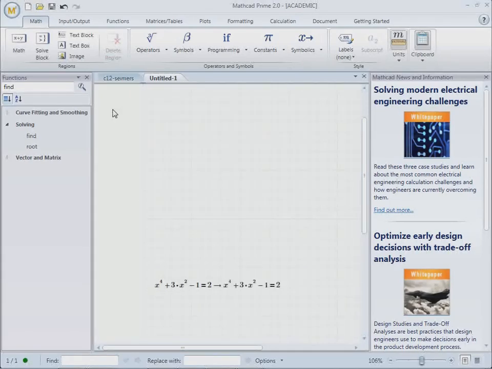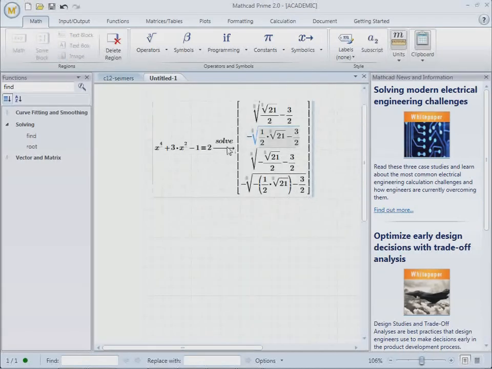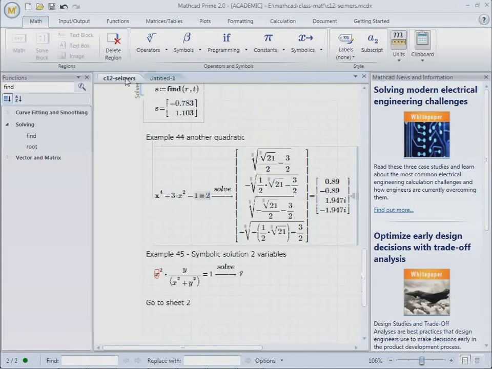Boom. Now I can solve it symbolically. And I want to solve for x. There we go. So that gives us the symbolic solution. This big arrow says symbolic. That blue arrow says symbolic. And solve is the key word, just to find all the solutions to that symbolically. So now you have all the different roots of this equation.